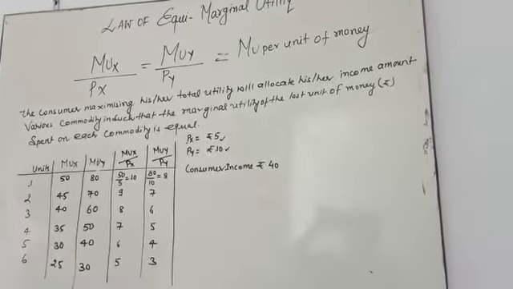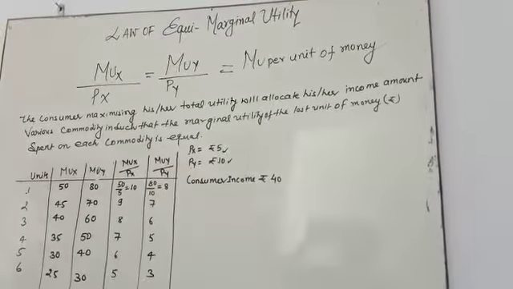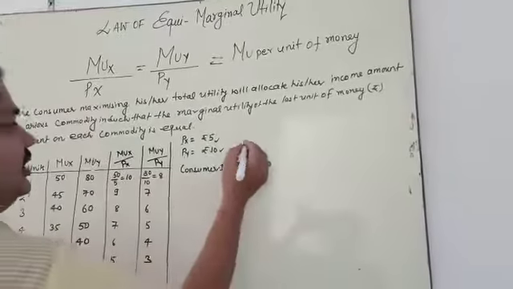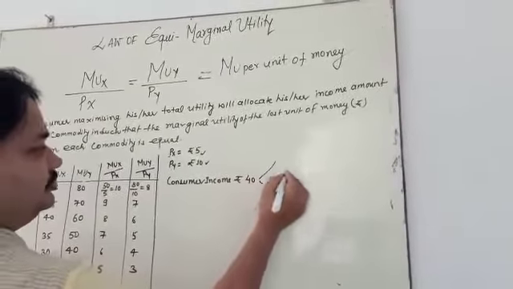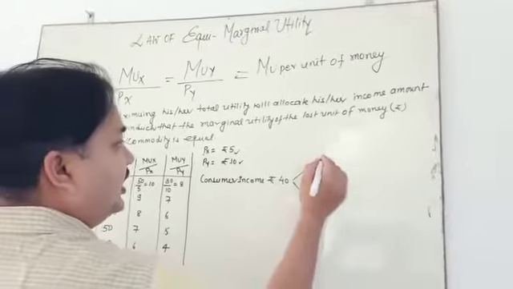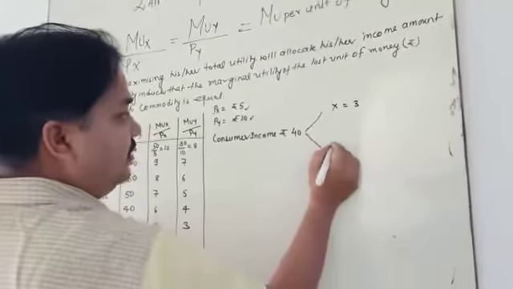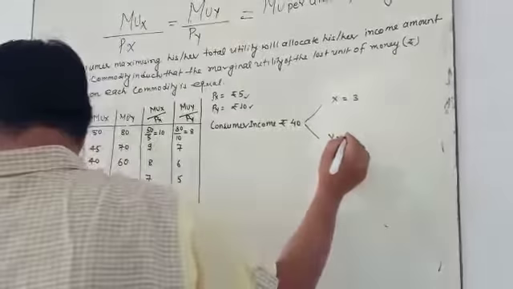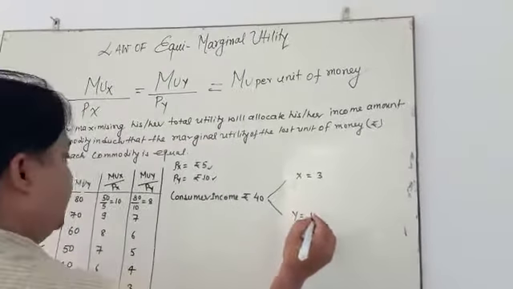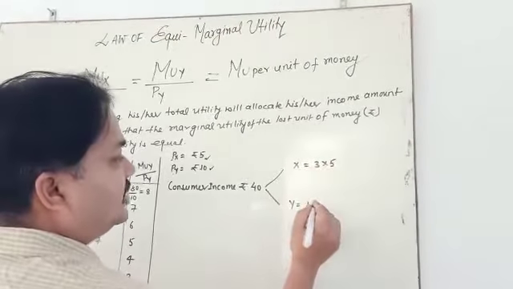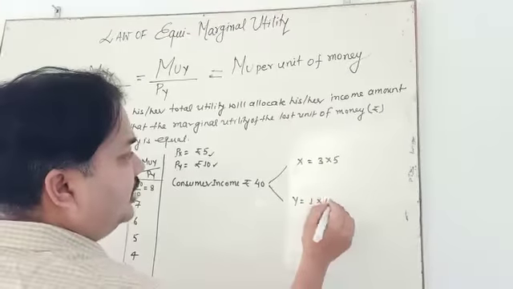So in this situation, let's take an example. X commodity is purchased 3 units and Y commodity is purchased 1 unit. The price of X commodity is 5 rupees and the price of Y commodity is 10 rupees.